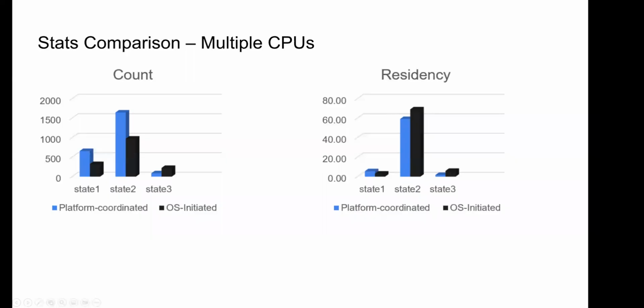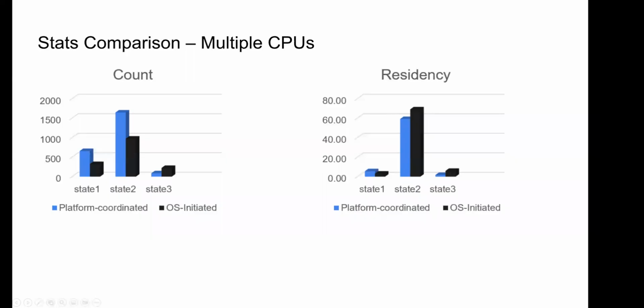Out of this 80 seconds, in the platform coordinated scheme, it is able to achieve state 2 residency of around 60 seconds amongst all 8 CPUs, whereas in OS initiated mode, it is able to achieve close to 70 seconds idle time in state 2.